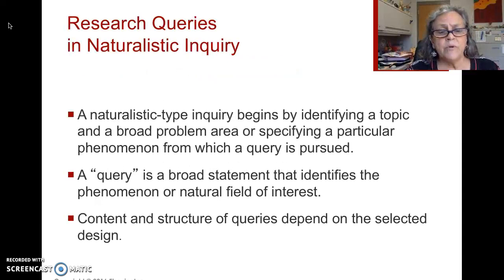In naturalistic or qualitative research, usually we have a broad problem area, or a specific particular phenomenon that's being pursued. So the query is a broad statement about what it is you're interested in, and the content and the structure of the query will depend on the kind of design that you've selected. And we'll talk some more about designs of both quantitative and qualitative in later lectures.